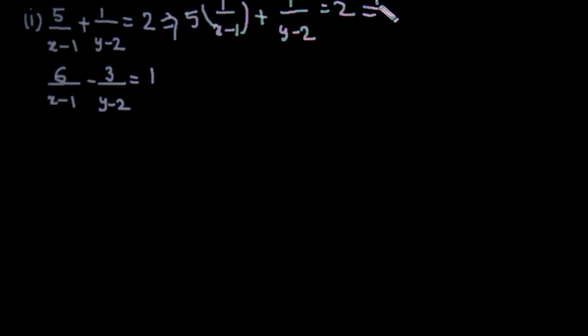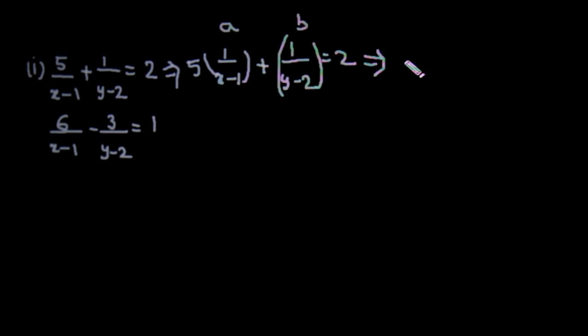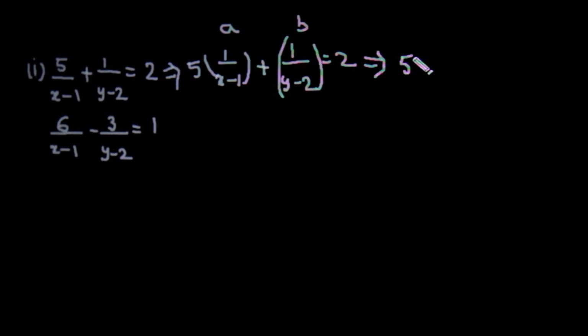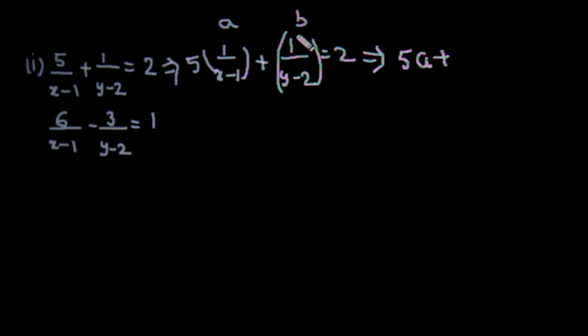Now wherever you find 1 by x minus 1, take it as a, and 1 by y minus 2 as b. Then 5a plus b is equal to 2.